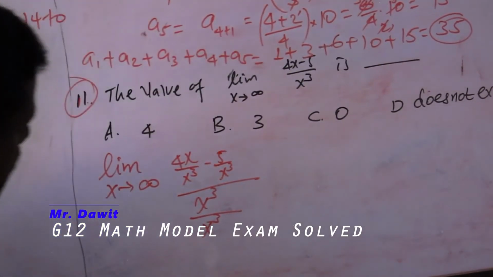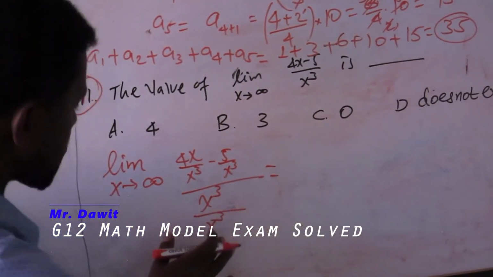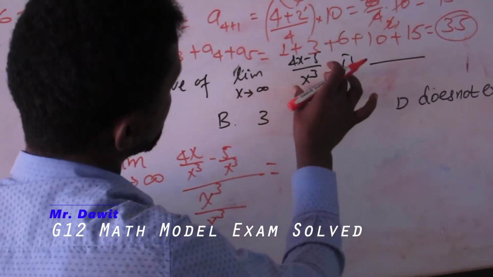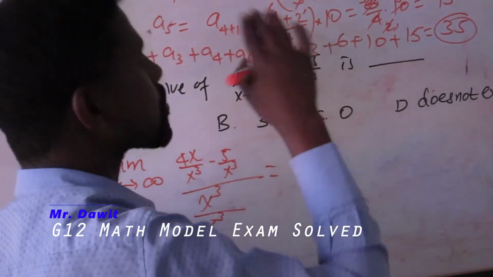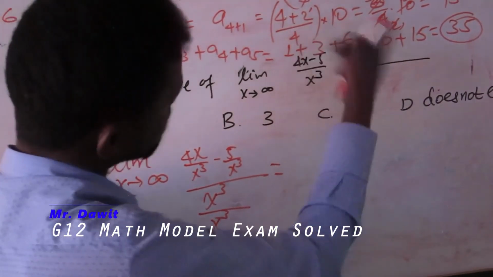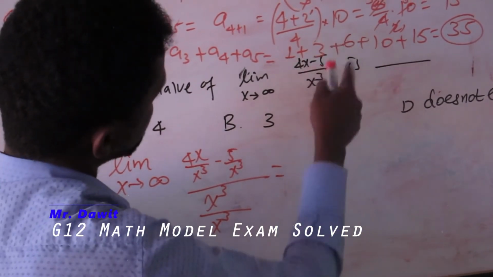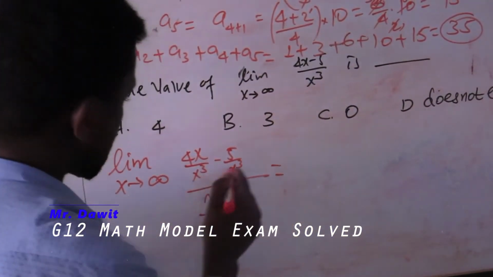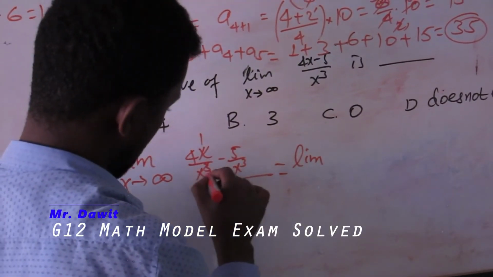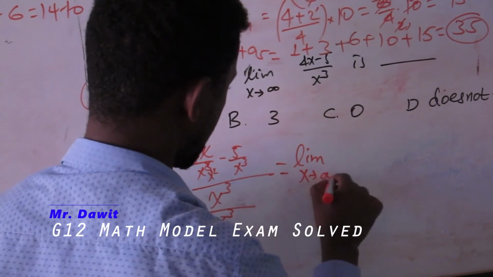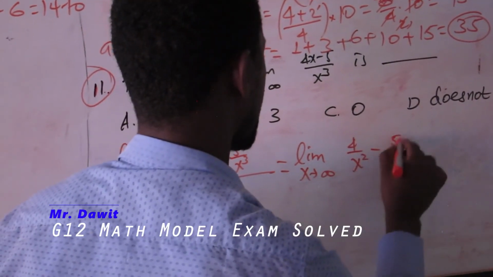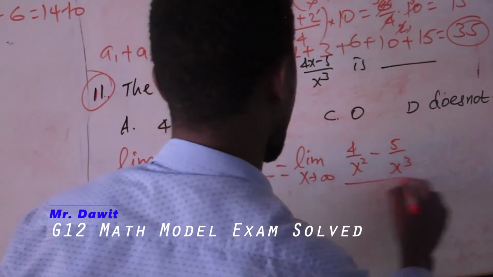Yes, x cubed over x cubed. So the limit as x goes to infinity becomes 4 over x squared minus 5 over x cubed, divided by x cubed over x cubed.